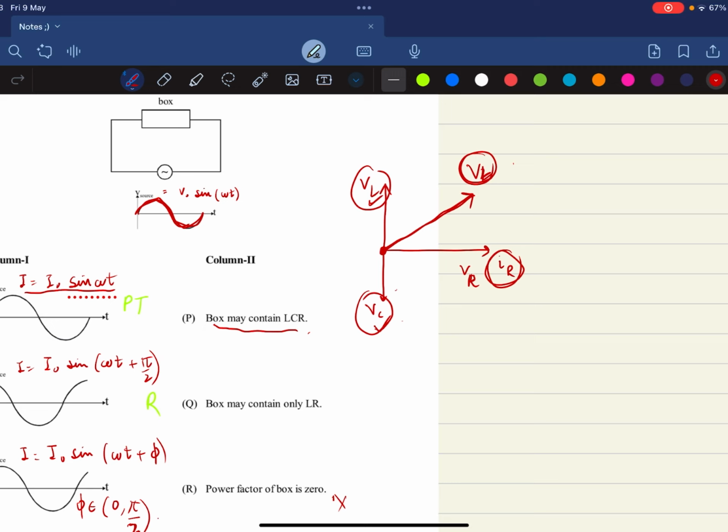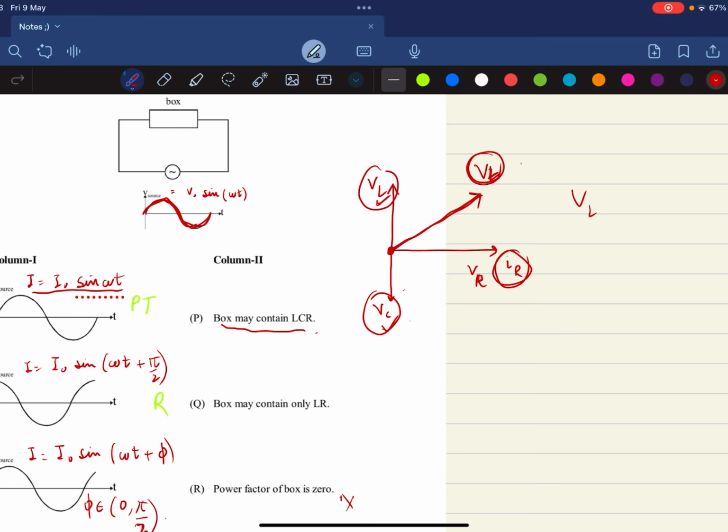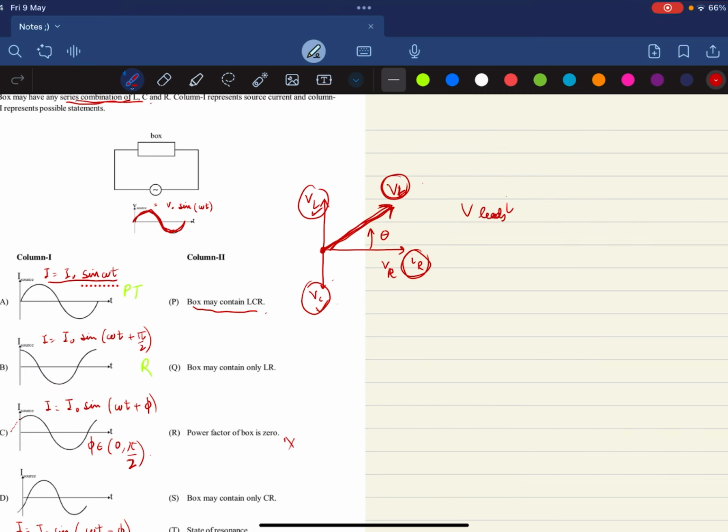And in this case, voltage leads the current, because we have to add some theta to reach the phasor of the final net voltage.